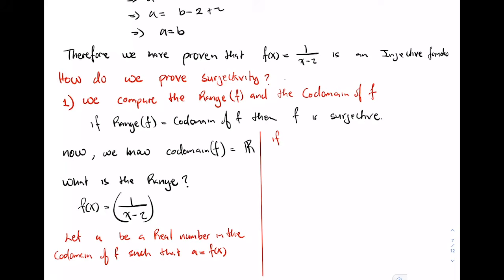So if 1 over x minus 2 is equal to a, this implies that 1 over a is equal to x minus 2. And we can stop here because we see that a is not equal to 0, right? So now we have a contradiction.